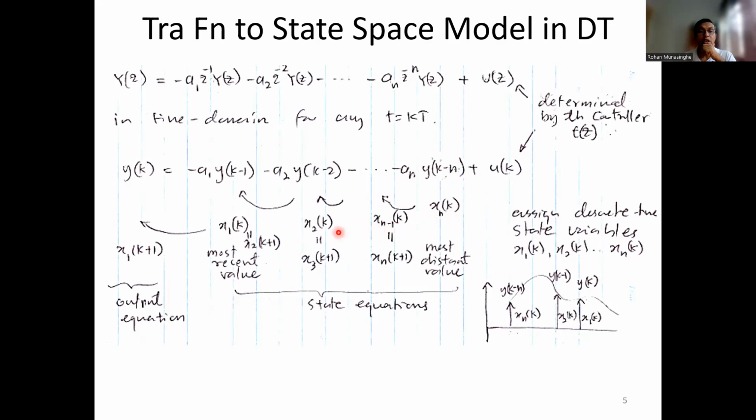It reduces, and eventually you get the first term on the right hand side, x1. So this one has n number of state variables and it's an nth order system. You have n state equations also, right?